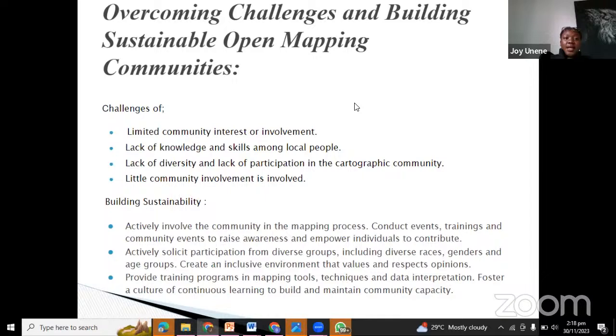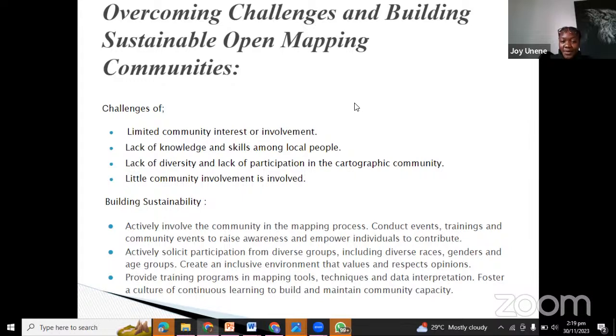Okay, so quickly here, I'm just going to go through the challenges that are faced and how they can be mitigated. The challenges: limited community interest or involvement, lack of knowledge and skills among local people, lack of diversity and lack of participation in the cartographic community.